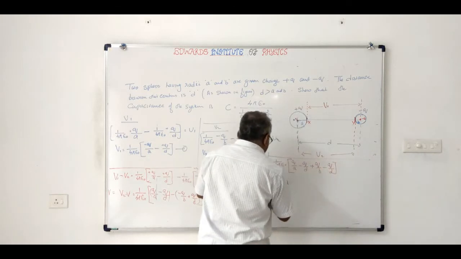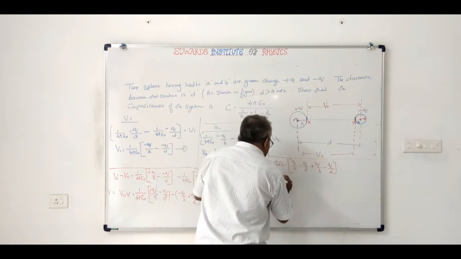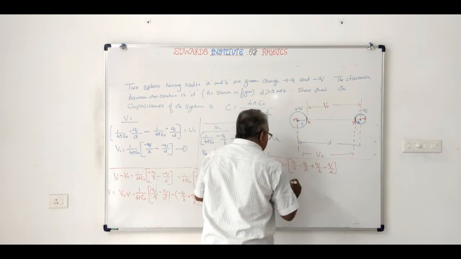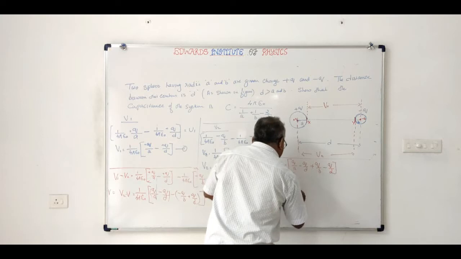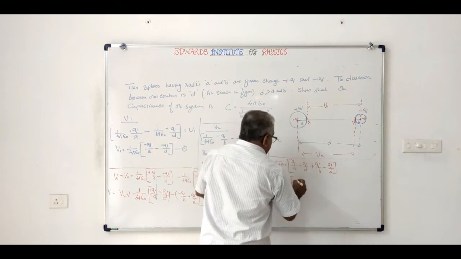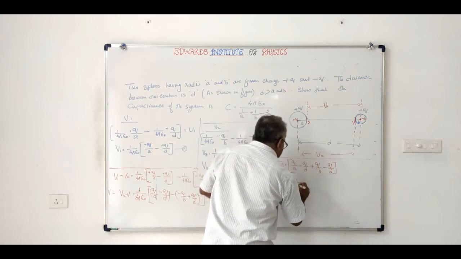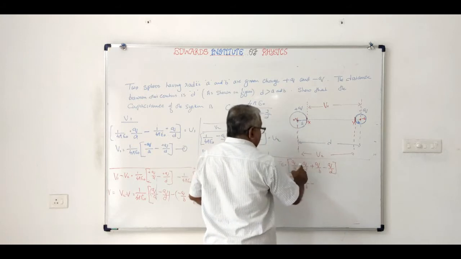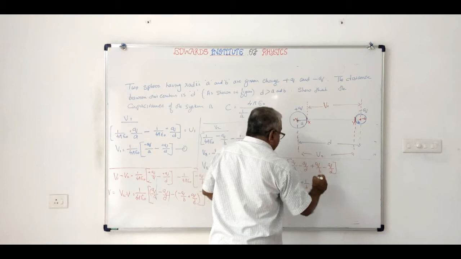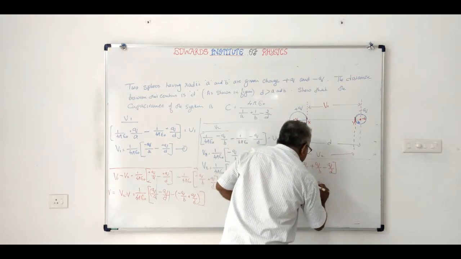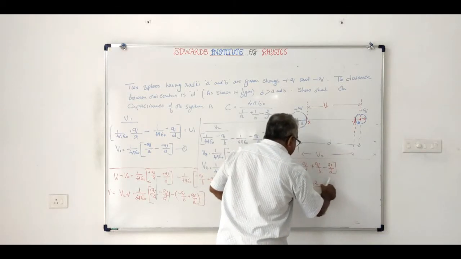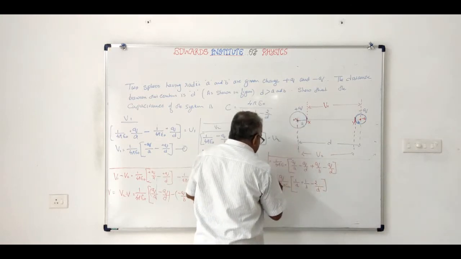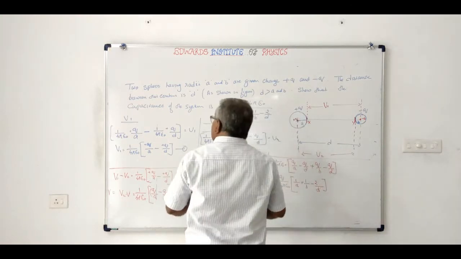And that will be equal to, you can take q outside, q by 4 pi epsilon 0 times 1 by a plus 1 by b minus q by d minus q by d, that is minus 2 by d. This is V.